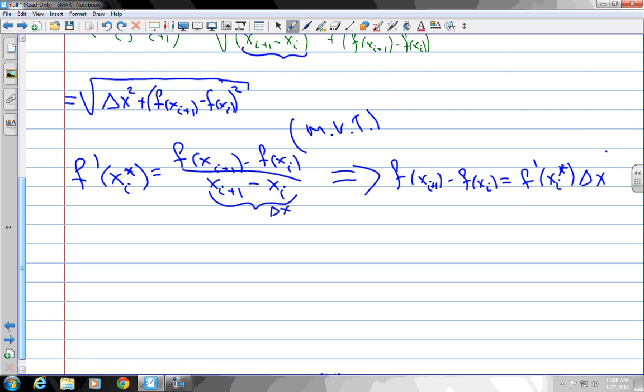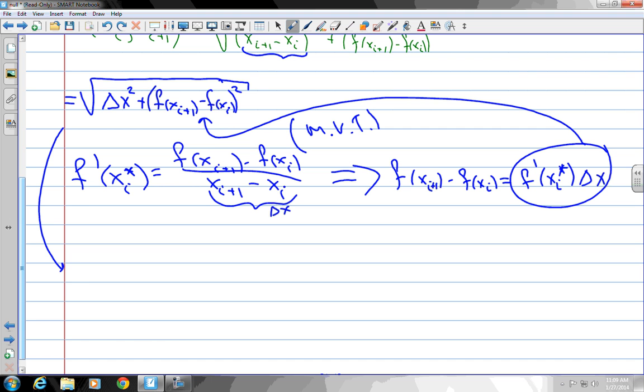So basically, I'm going to use this in here, because this is the f of x sub i plus 1 thing. If I make that substitution, the distance between those 2 points is now the square root of delta x squared plus f prime of x sub i star times delta x, squared.